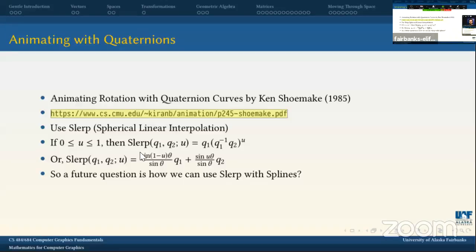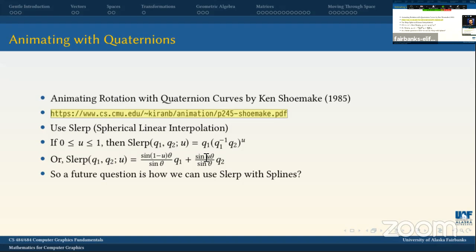The way you do that is we use a value u between 0 and 1. I just copied these formulas out from the paper. The spherical linear interpolation is then: sine of (1 minus u) theta over sine theta times q1, and you can see this is just blending the two angles together.